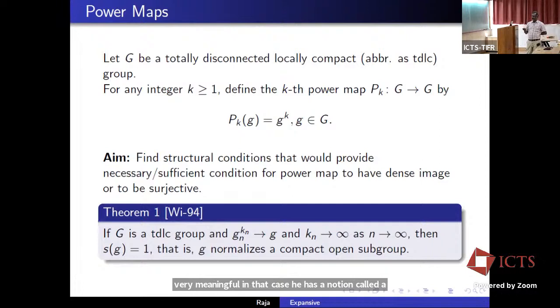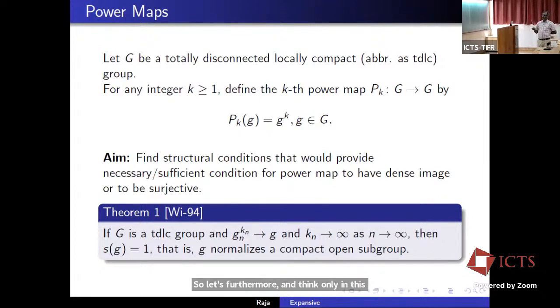That is the same as saying that g would normalize a compact open subgroup of G. I'll define the scale later on, but in this situation, the scale being 1 is the same as saying that it normalizes a compact open subgroup. So for the moment, let's think only in this way.